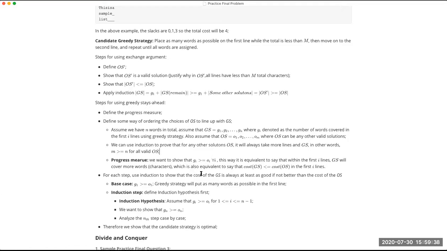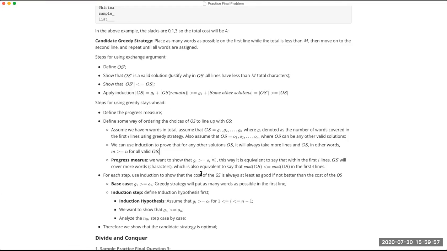And if we can cover more words in the first I lines, then it is equivalent to saying the cost of GS is less than the cost of OS, since we have fewer spaces in the first I lines, right? This is the progress measure that we define in this specific problem.